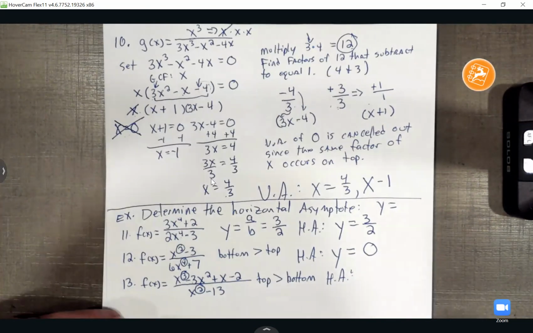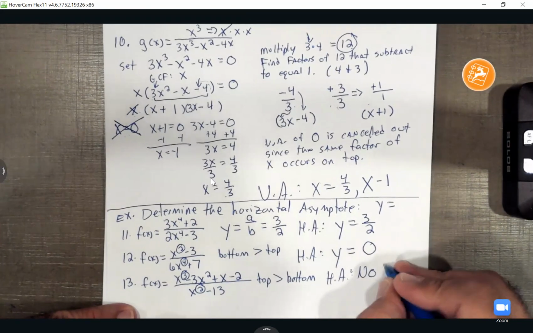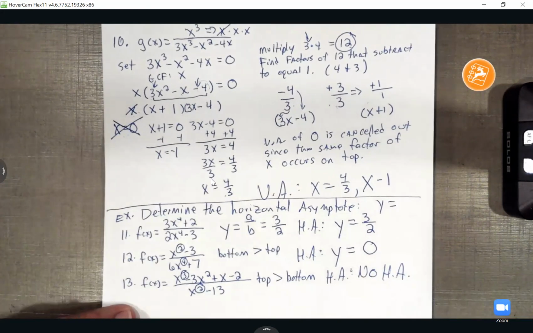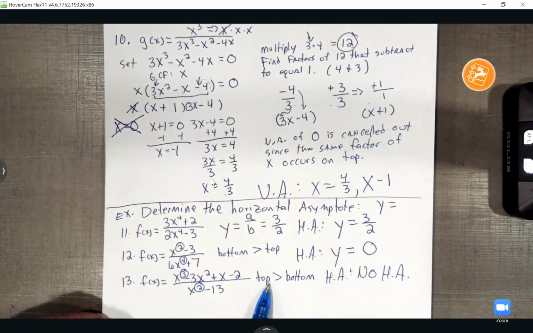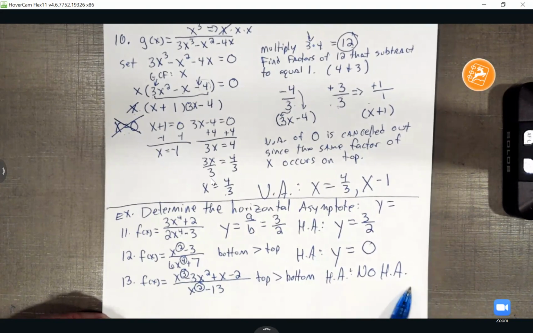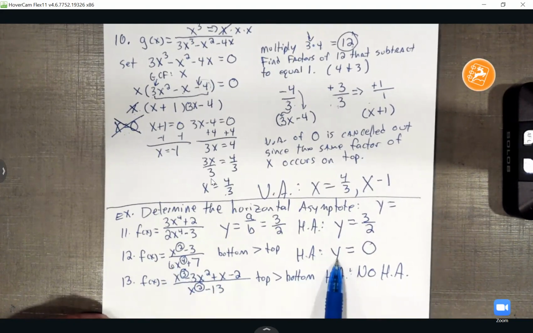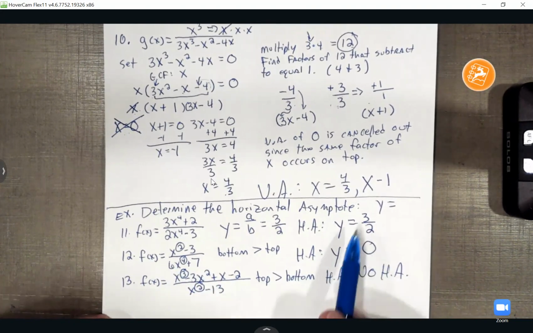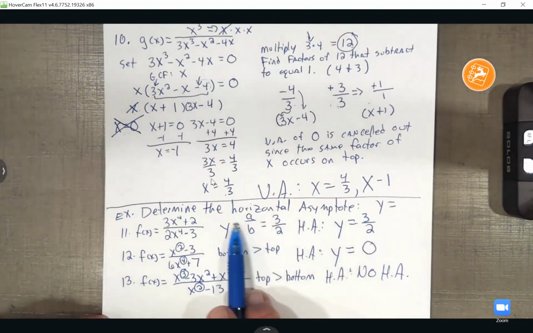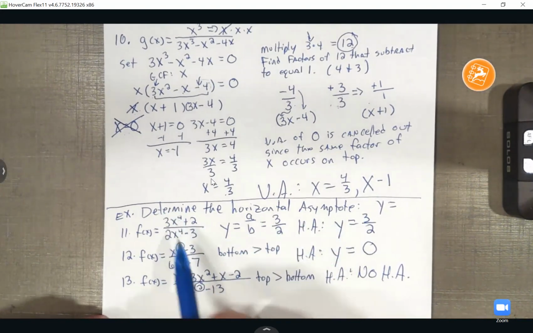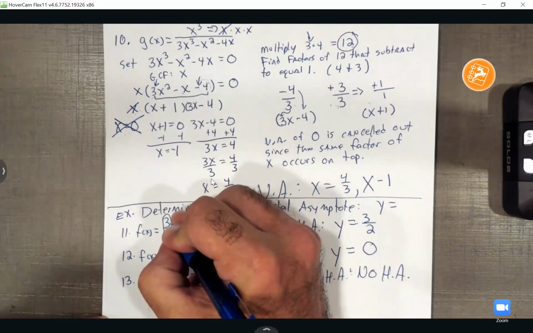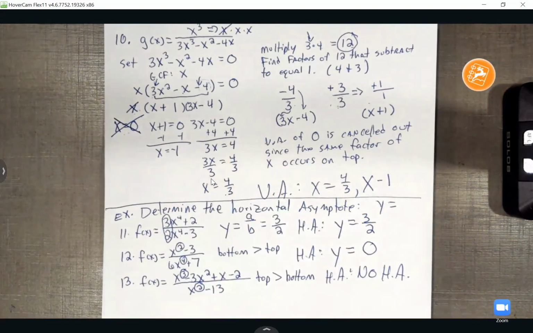Is it no horizontal asymptote? It is definitely no horizontal asymptote. So 100% if the top's bigger, it's going to say no. If the bottom's bigger, it's y equals 0. The only one you got to play with is the one where they're equal.